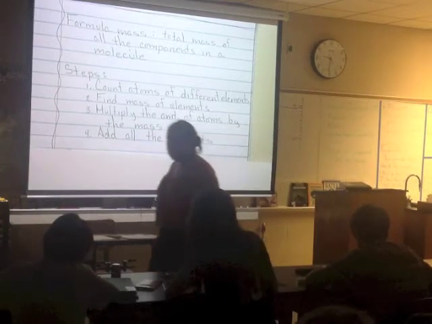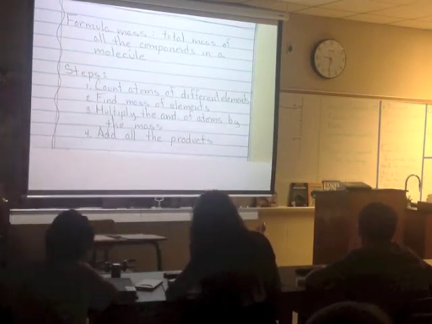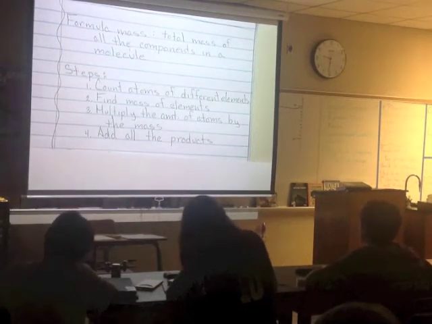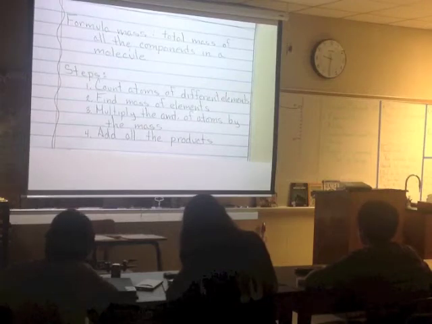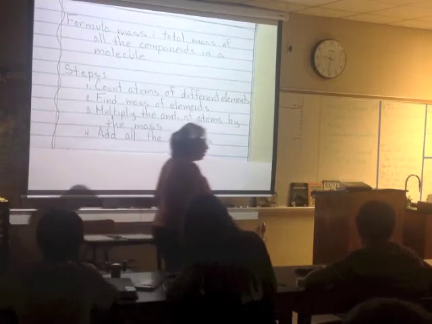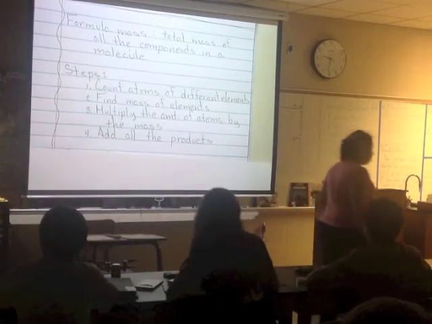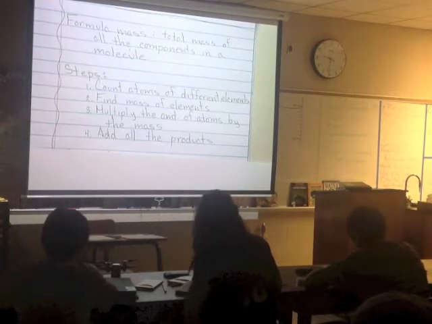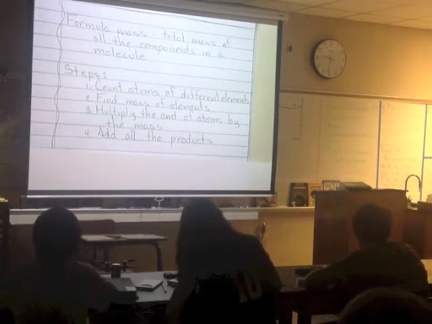Then you're going to find the mass of the elements. Where can you find the mass of the elements? On the periodic table. So looking at the periodic table, you're going to look for the atomic mass of each of the elements within the chemical formula. Then you multiply the number of atoms by the atomic mass. And then you add all the products.